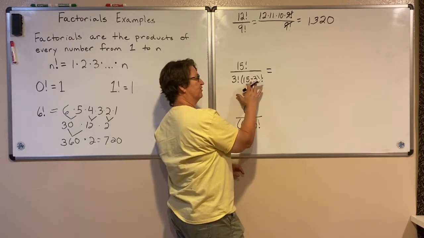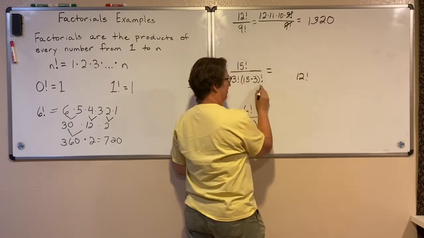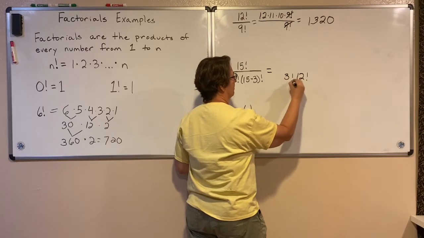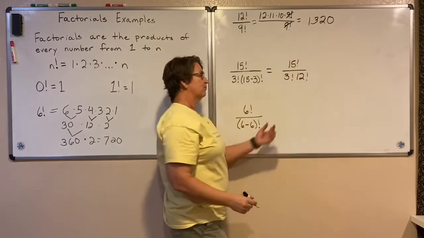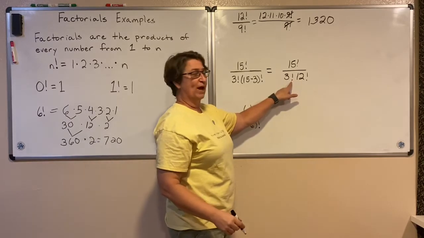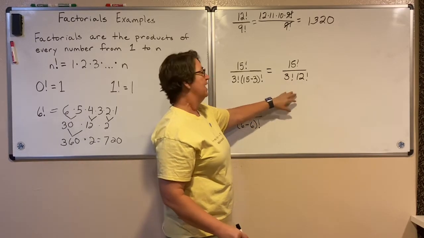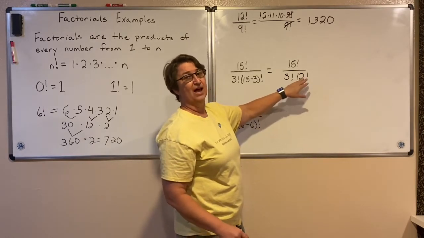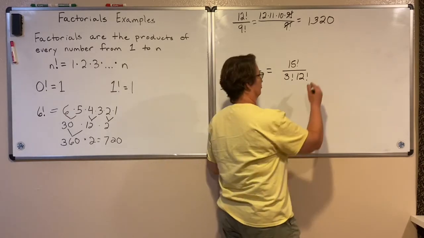So I'm going to do the 15 minus 3 first, which gives me 12, and then that factorial is on the outside. And that's multiplying times this 3 factorial. Now, before I can multiply these two numbers, I have to recognize that this 3 factorial means 3 times 2 times 1. And I have to recognize that this means 12 times 11 times 10 times 9 times 8 times 7 times 6 times 5 times 4 times 3 times 2 times 1.